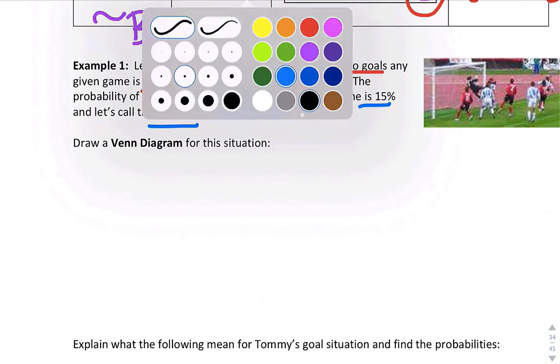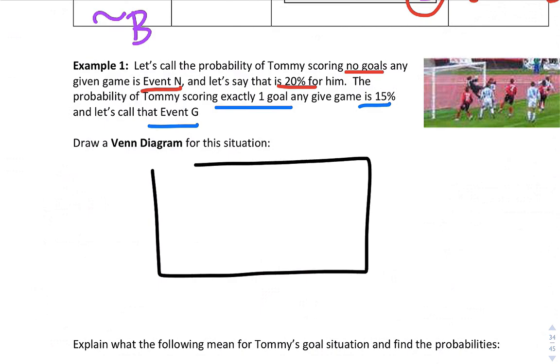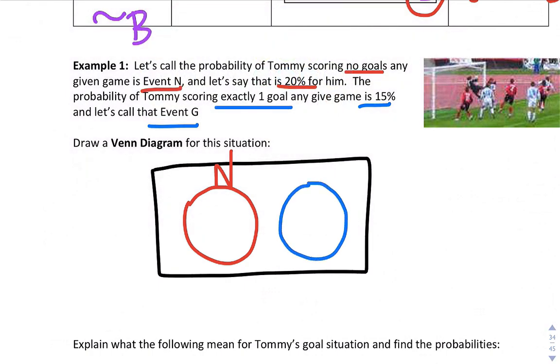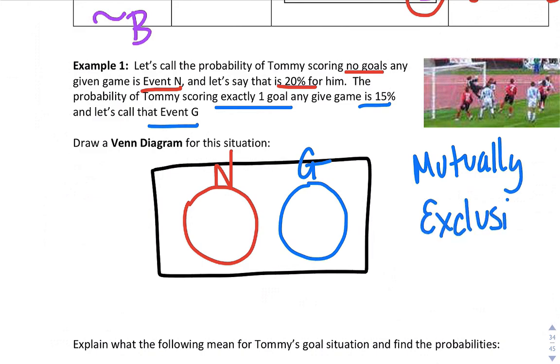Here's our sample space, and we have no goals, N, and then exactly 1 goal. Here they're going to be mutually exclusive, because you can't score no goals and exactly 1 goal in the same game. So again, this is referred to as mutually exclusive. There's no overlap.